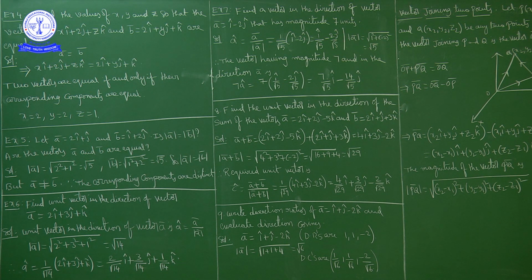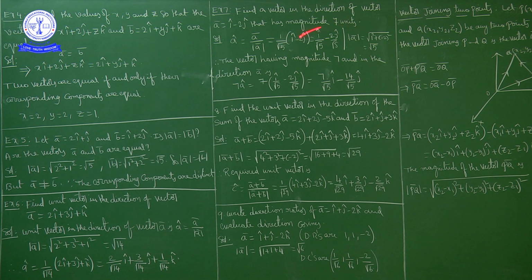Therefore, the vector having magnitude 7 and in the direction of a bar: a cap is the unit vector in the direction of a bar, a bar divided by its magnitude.